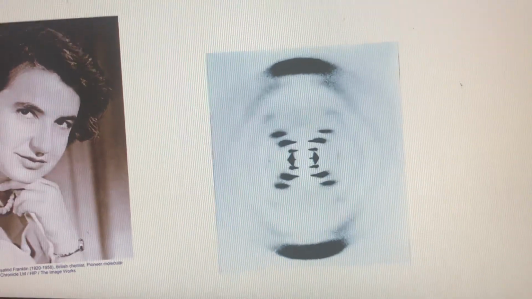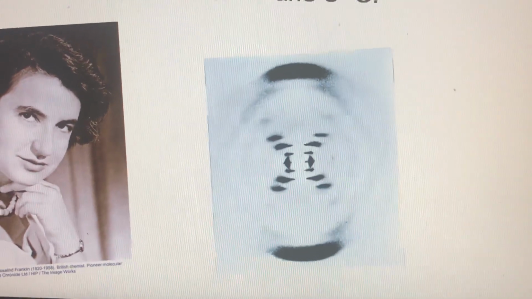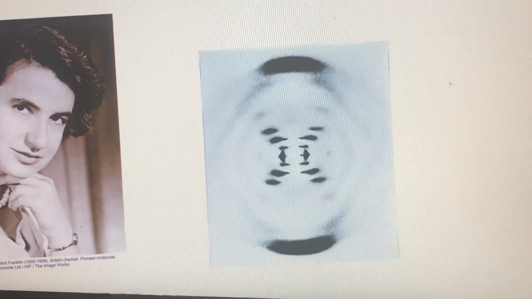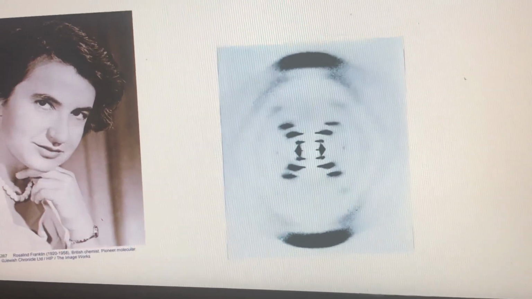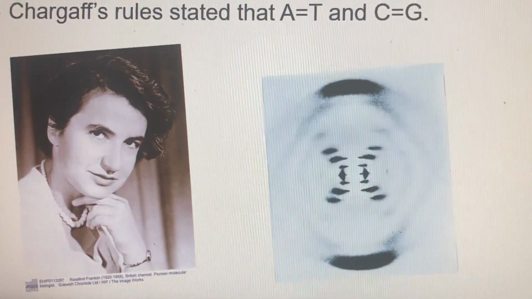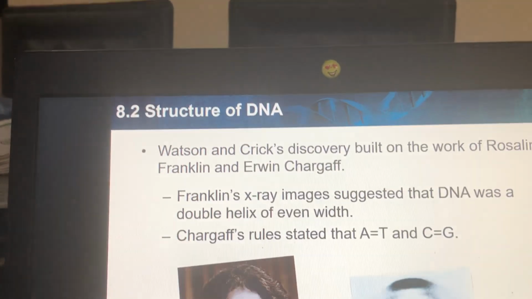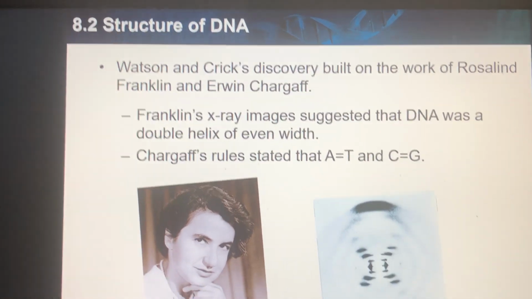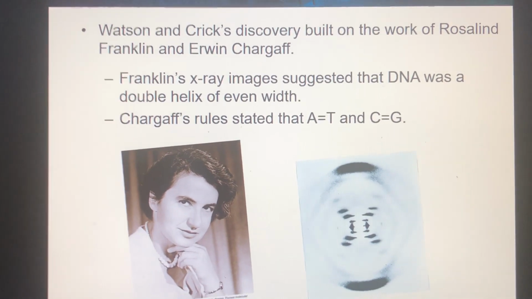Yes. So this X-ray image supported the idea of Watson and Crick for the DNA in the form of a double helix. So now Franklin's X-ray image suggested that the DNA was in the form of double helix. Not only that, but with even width.